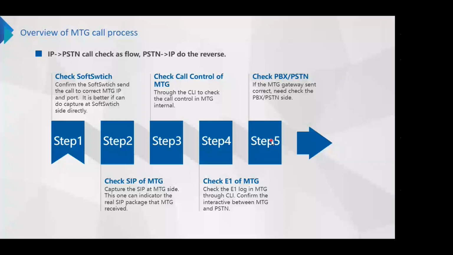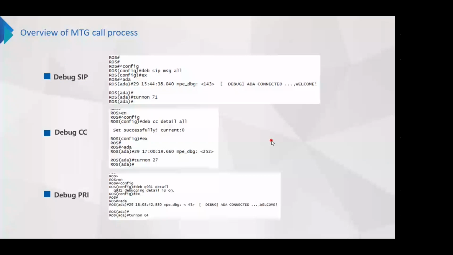Of course, just now I showed the overall steps, but here we have more detailed command lines. If you are an expert or advanced user, you can always use the command line to debug. It's quite convenient but very powerful. Here we have the SIP command.